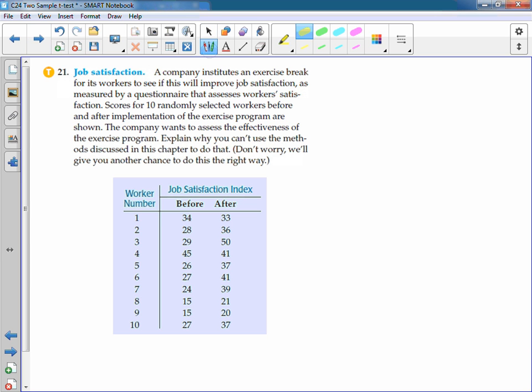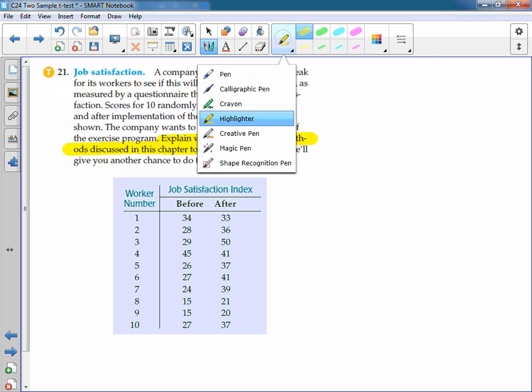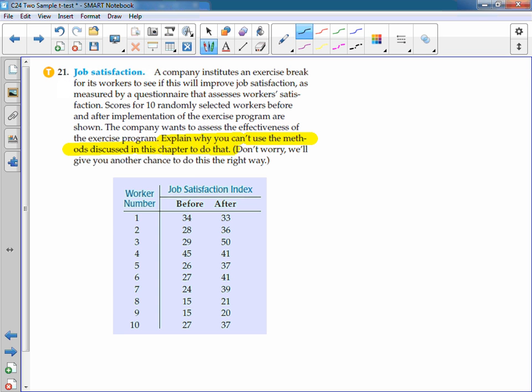So, if it's asking you this question about explain why you can't use the methods, you should immediately be thinking, oh, I should check the conditions. If the conditions are met, you can do the test. So looking at this, what condition isn't met? The same thing you missed in our last test when we talked about chapter 22 stuff.